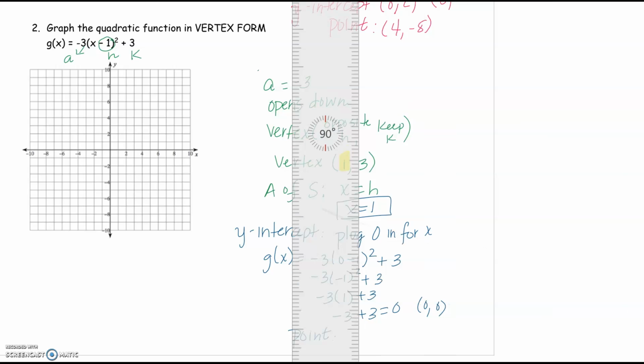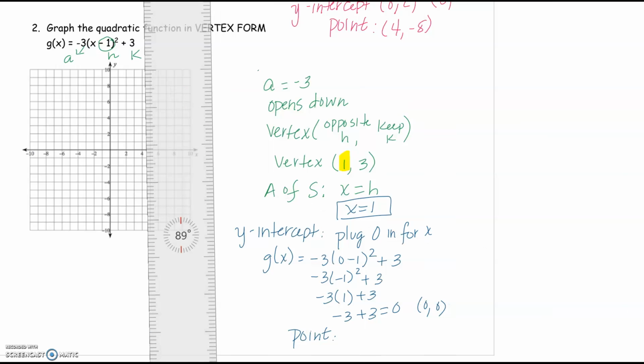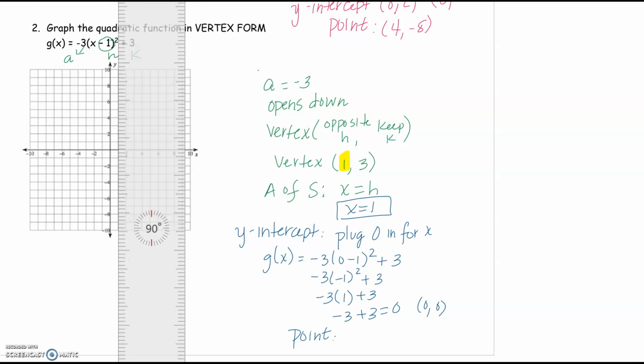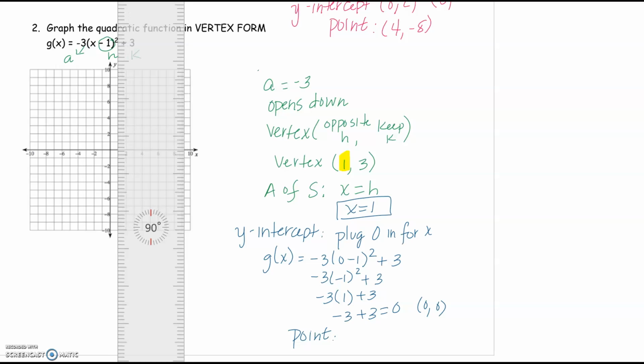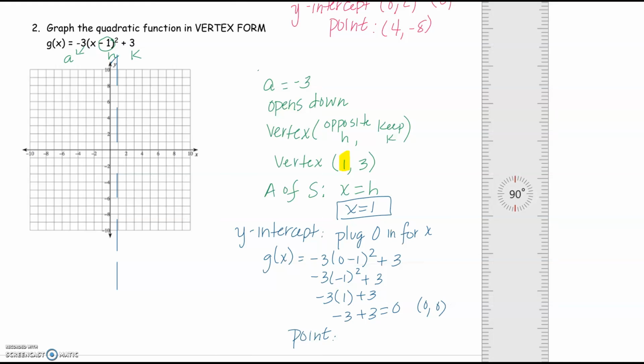So I've got my axis of symmetry at x equals 1. Remember to use your ID or some type of straight edge when you do this. Okay, x equals 1. And then from there, I'm going to do my vertex, which was 1, 3. Again, that should always be on the axis of symmetry. My y-intercept is my origin, 0, 0.